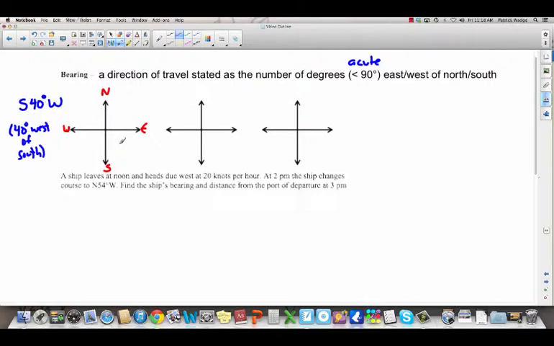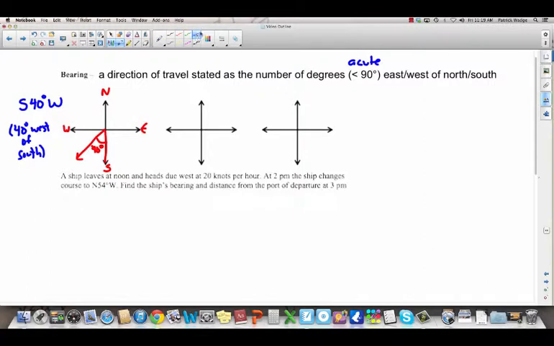So south is this direction, but then we want 40 degrees west of that. West is this direction, so if we want 40 degrees west of that, that means we'd be going 40 degrees west from the south. That makes sense? It's a hard thing to explain.